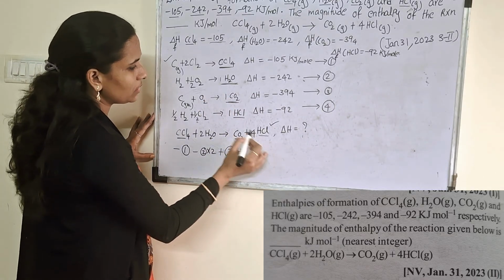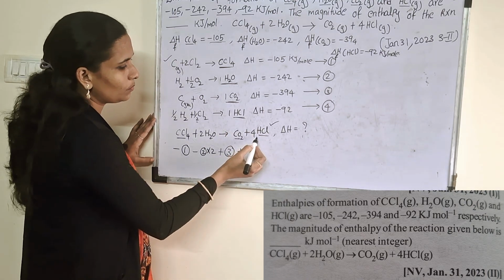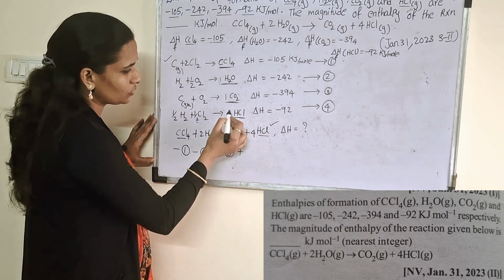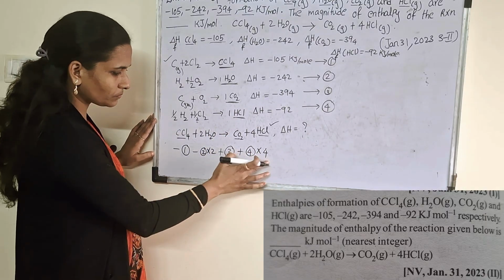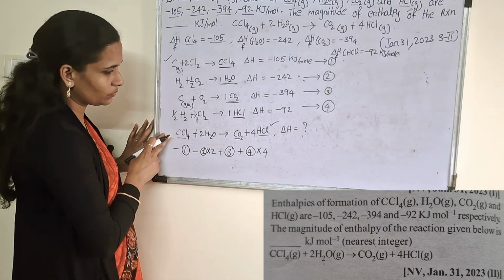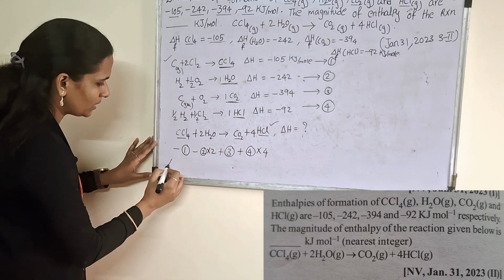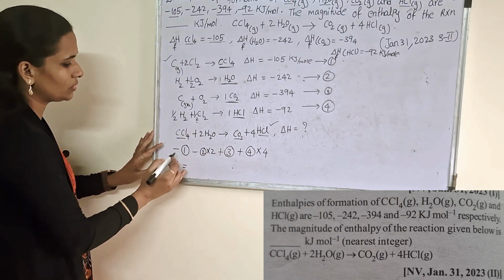Next, HCl is on the product side. Here also HCl is on the product side, but we need 4 moles, so multiply the fourth equation by 4. If we add the equations like this, we will get the required equation. Now how to calculate the delta H value: substitute into this.